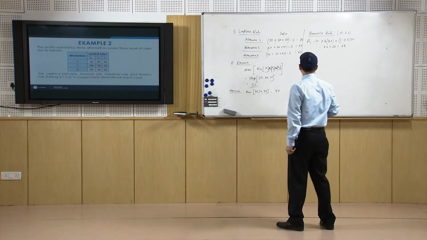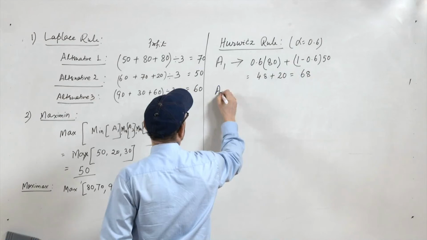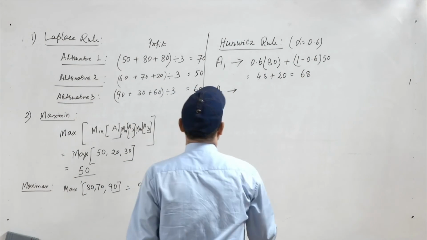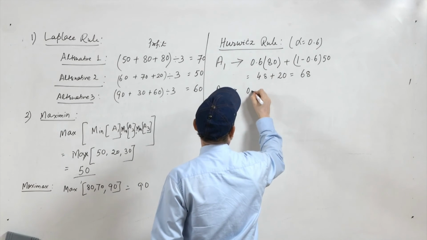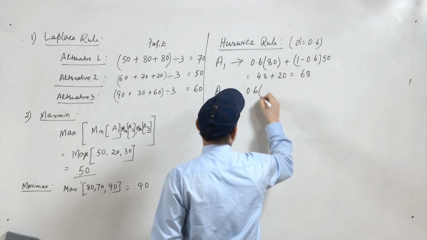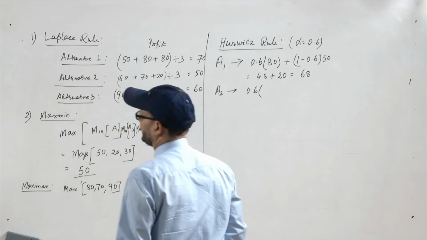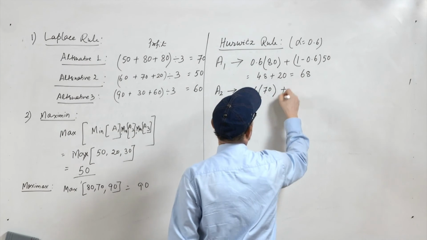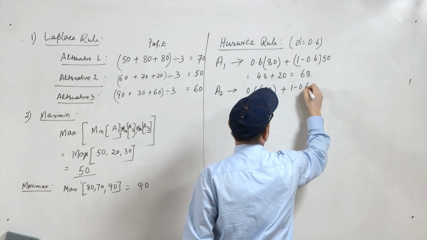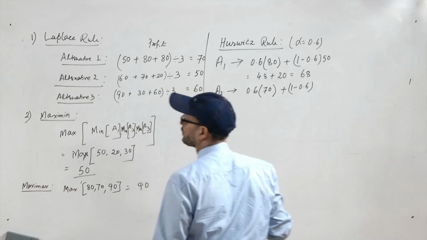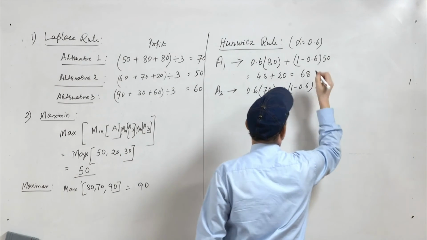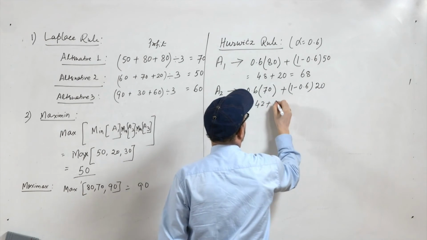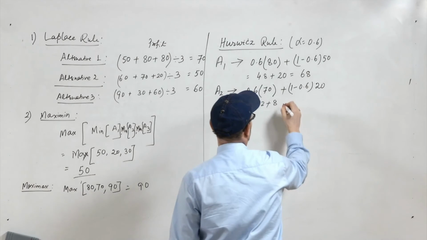If you go to alternative 2, in this case the maximum value is 70 and the minimum is 20. So, it will be 42 plus 0.4 into 20, that is 8. So, it will be 50.